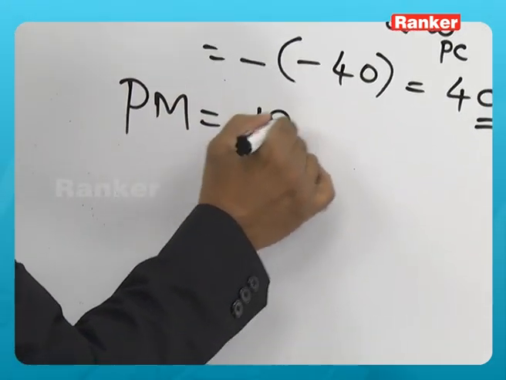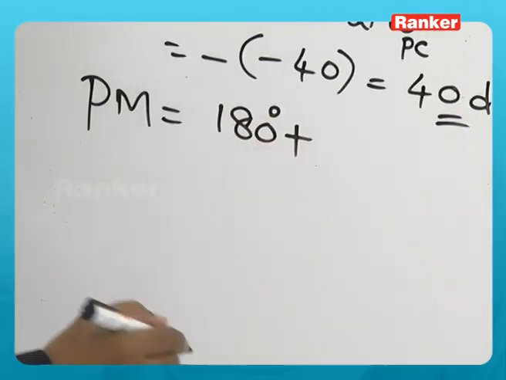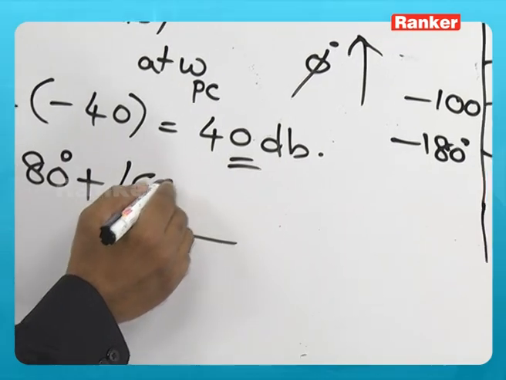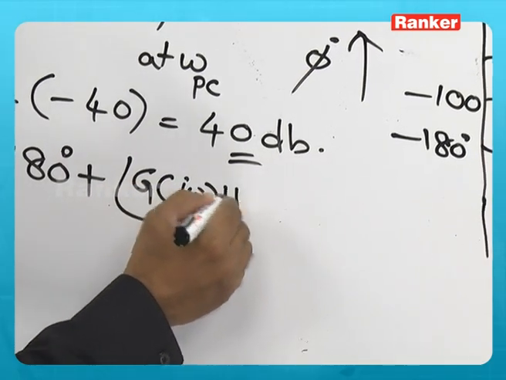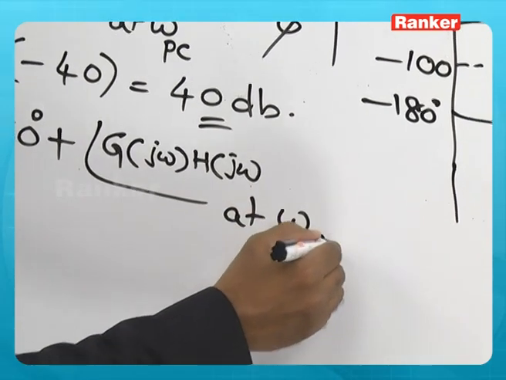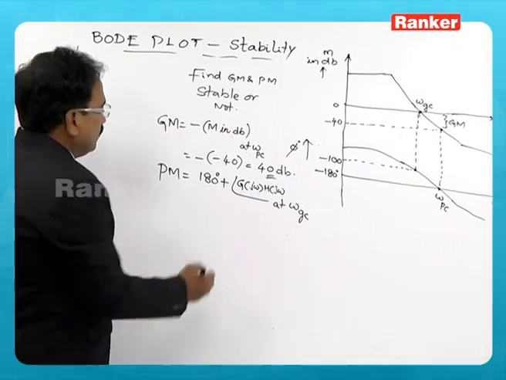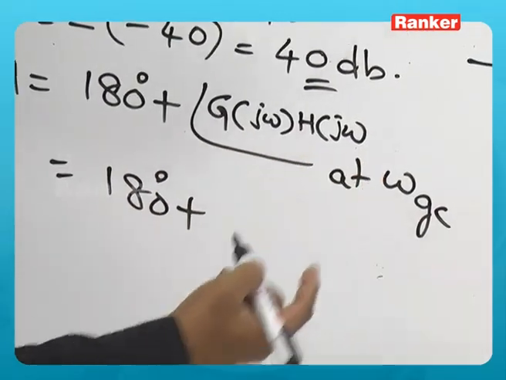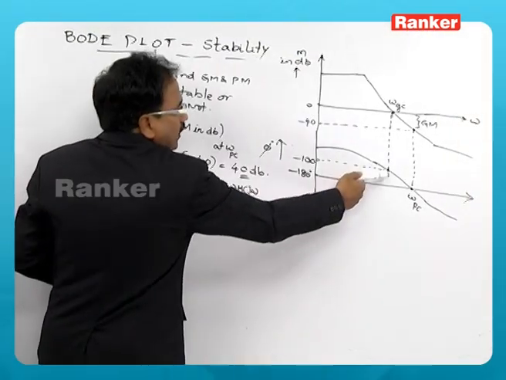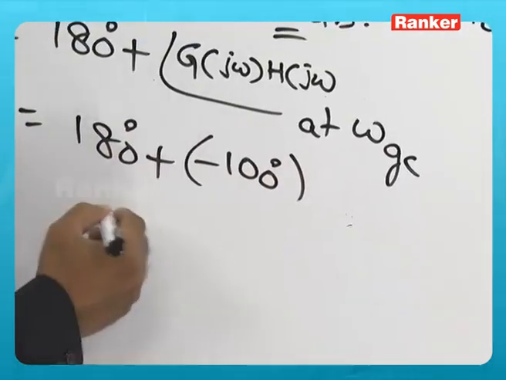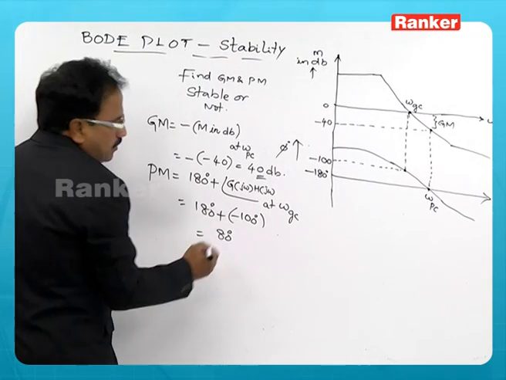It is equal to 180 degrees plus the phase angle of the given function at omega gc. So, 180 plus the phase angle value at omega gain crossover, which is minus 100. So, this is 80 degrees.